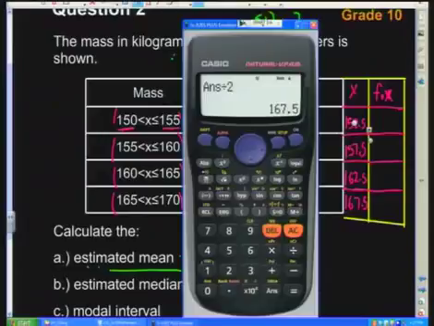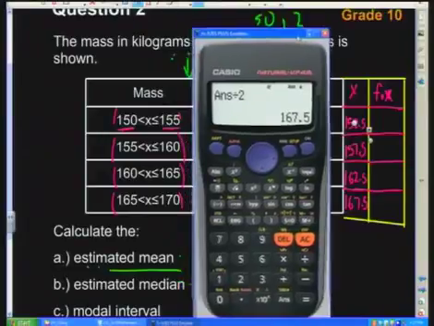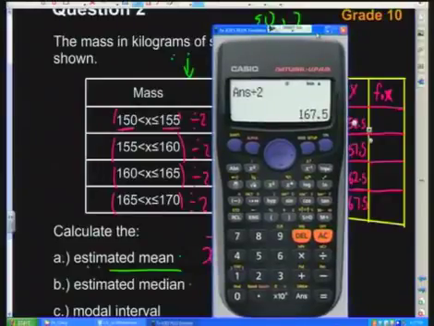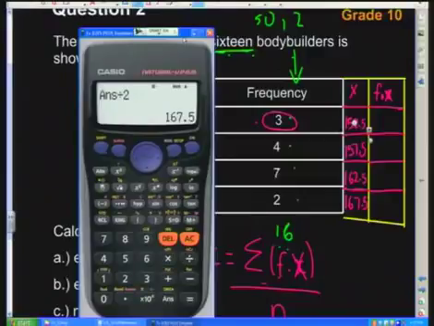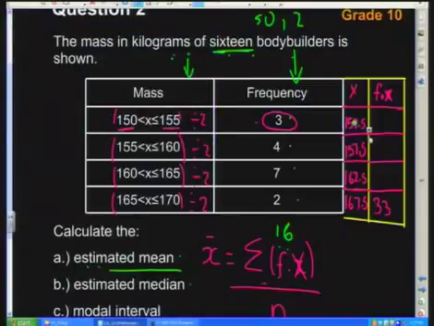So we've got 167,5, and our frequency for that last midpoint was 2. So we're going to say 167,5 times 2, and we get 335. Okay, so we're going up, remember.